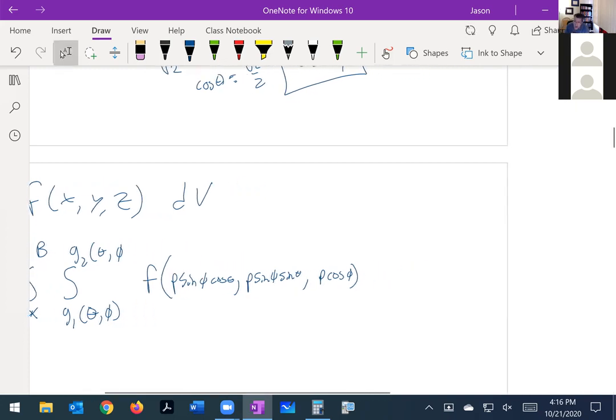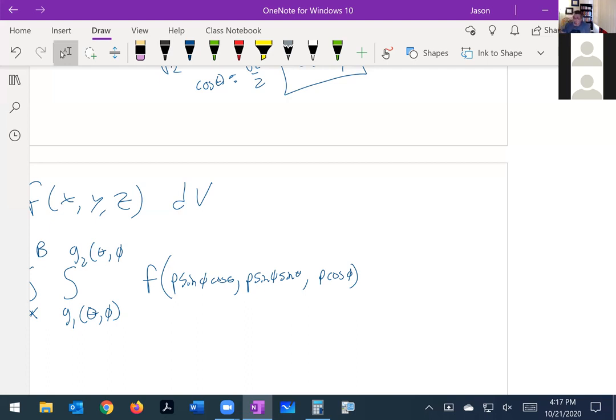Now I need a conversion factor. I'm not going to go into how we get it. Before, when we went to polar coordinates, it was r dr d theta, and in cylindrical coordinates it was r dz dr d theta. We just put in an r.